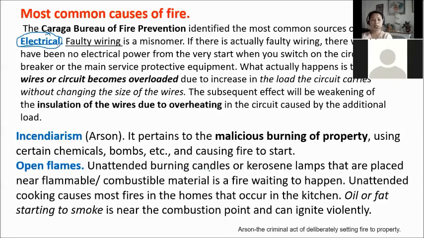Unattended burning. Candles, kerosene, no, that are placed near flammable combustible material is the fire waiting to happen. Unattended cooking causes most fire in the homes that occur in the kitchen. Oil or fat starting to smoke is near the combustion point and can ignite violently.